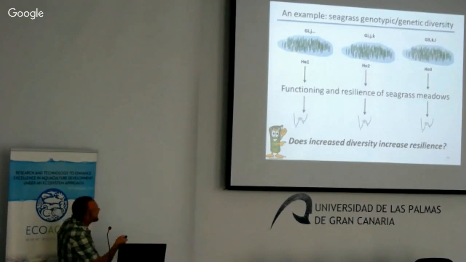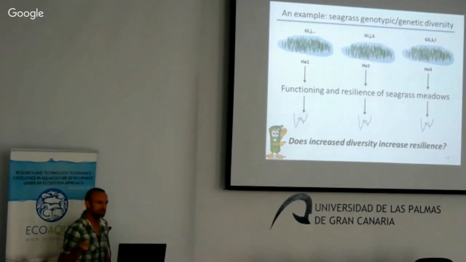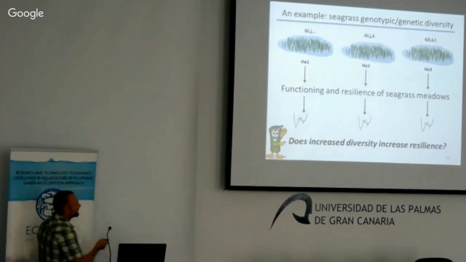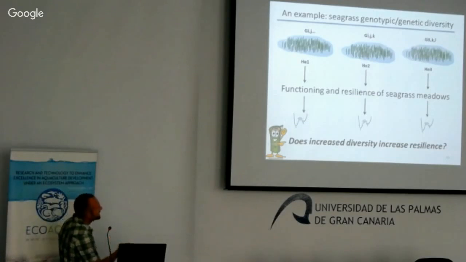So, at the end of the day, what we want to do, and this is something that we are doing at the moment, is trying to correlate whether the functioning and the resilience of seagrass meadows are connected with different measurements of diversity. Okay? And by addressing this issue, we are going to be able to address one key issue in seagrass conservation at the moment, and that is whether an increased genetic diversity is going to increase resilience against a range of disturbances, right?